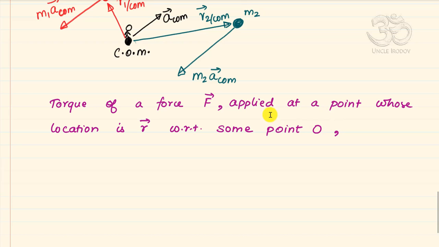So I mean to say that this is an auxiliary thing here. So the torque of a force F about the point O is R cross F, if this F is applied at a location R with respect to this point O.